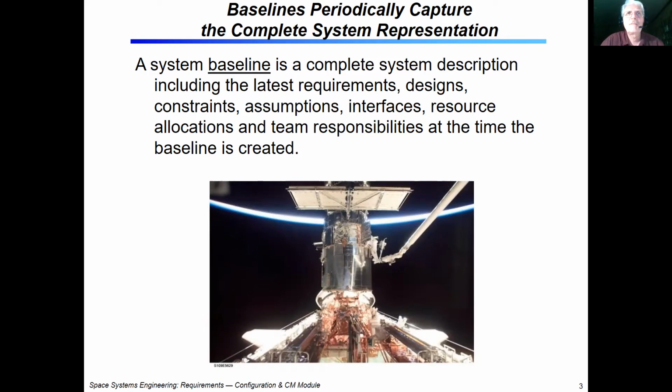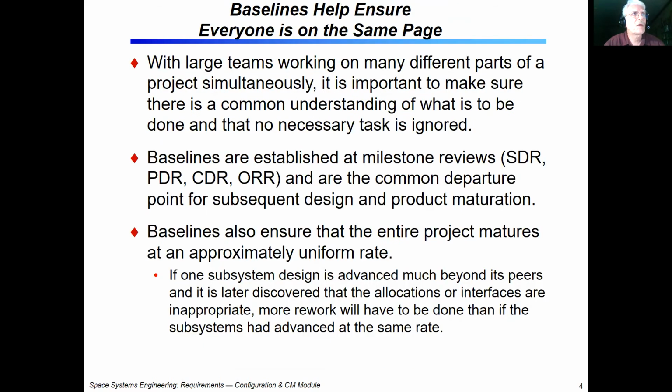It's basically the total description of how your project is supposed to work. All right. And so the reason why you have those baselines is that it helps keep everybody in communication, and that there is an agreement as to how it is that you're supposed to be proceeding with your development.